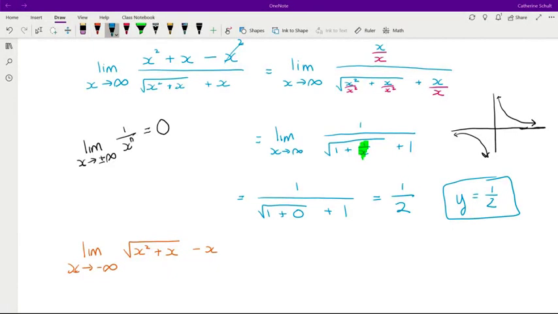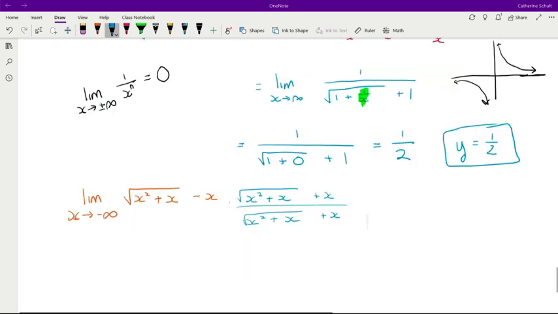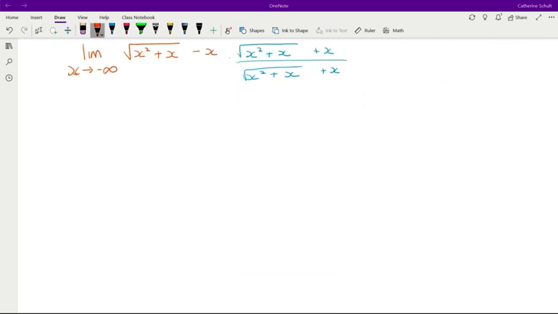We're going to have that same strategy where we multiply top and bottom by the conjugate for reasons we've already discussed. And we get that a squared minus b squared scenario in the top. So far this is exactly the same.